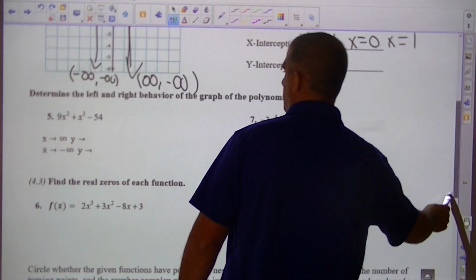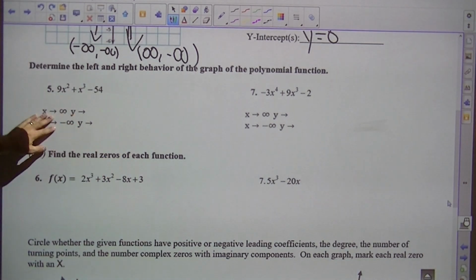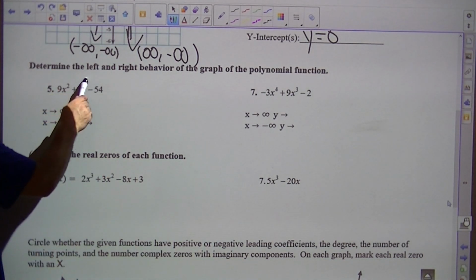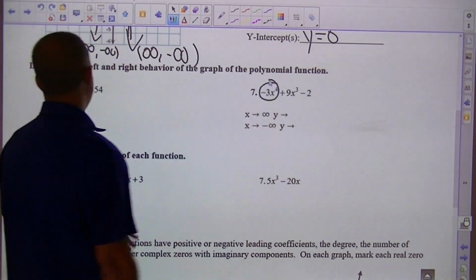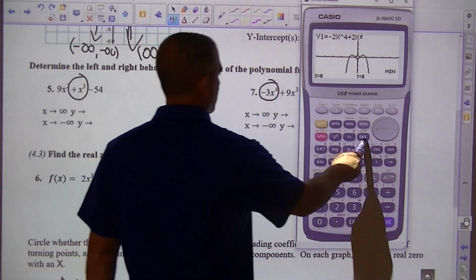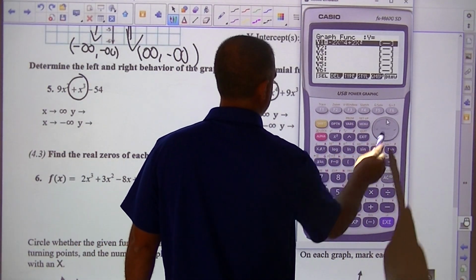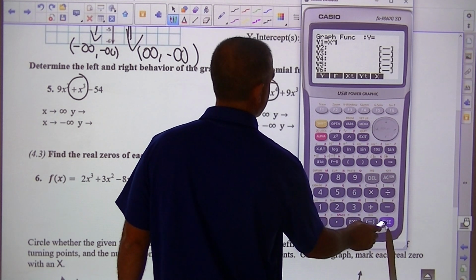Okay? To do these end behaviors, the left and right behavior, what I recommend doing is graphing the biggest exponent. In this case, it's exponent of 3. So all you have to really do is graph that term. The other terms are really irrelevant.